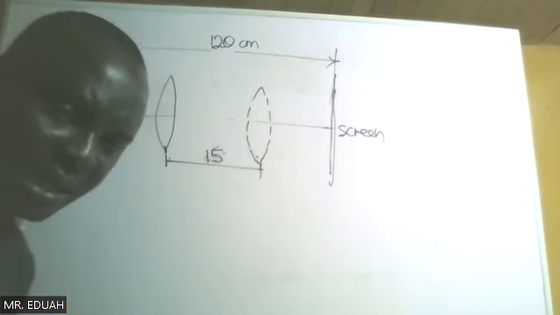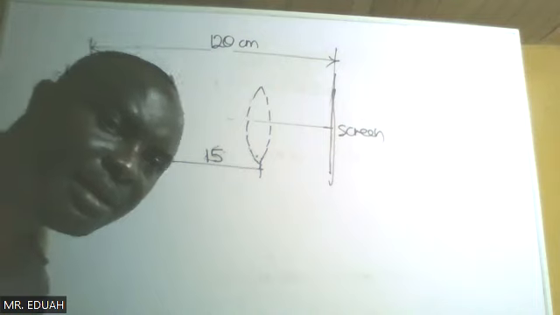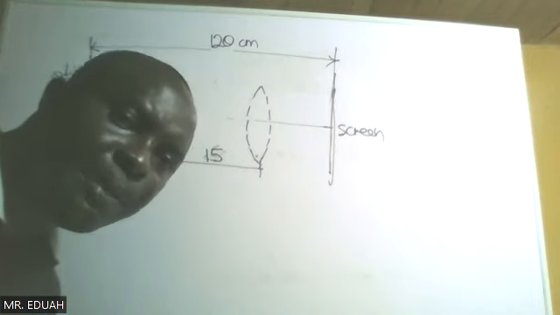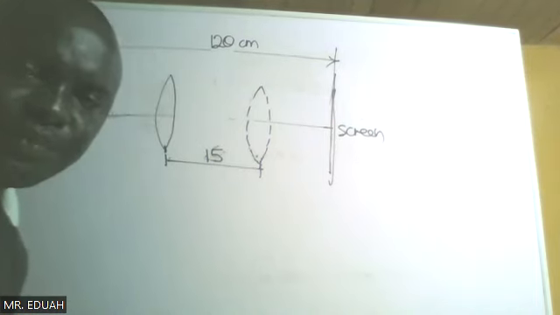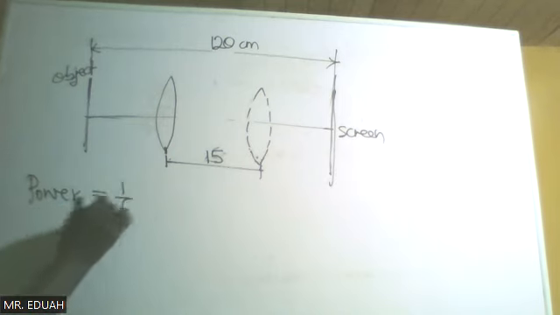Are we there? Yes, please. Calculate the power of the lens. Power of a lens, P, is given by 1 over the focal length.